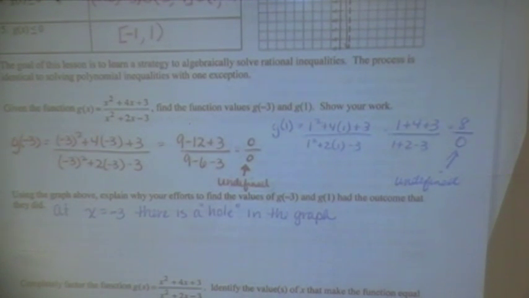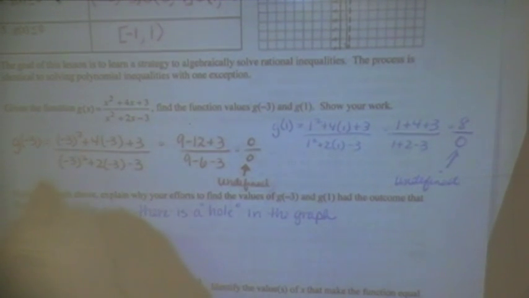You remember that from the beginning of the year? Or we called them removable discontinuities last year. Now, if you remember how you find a hole, if we were to take our original function, when we first got the function, and we were to factor it, do you remember how we identify a hole?